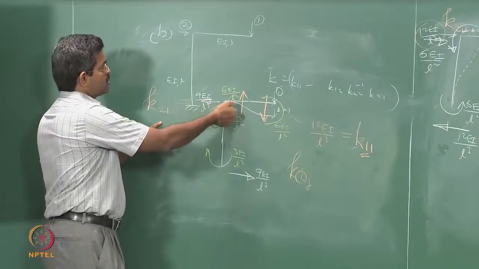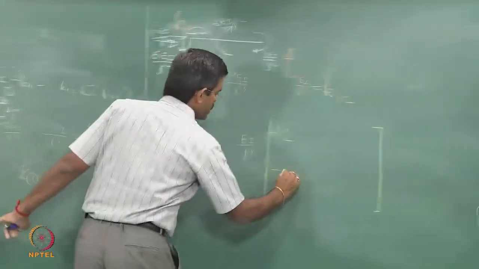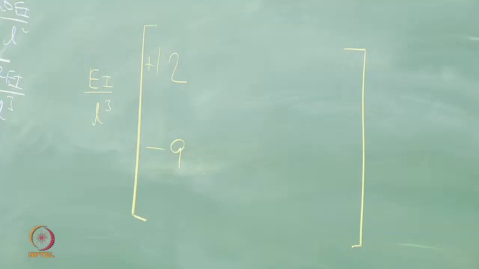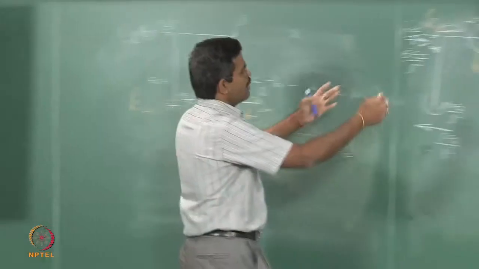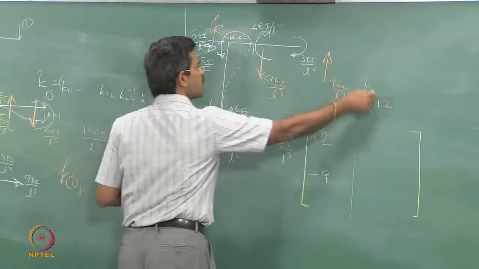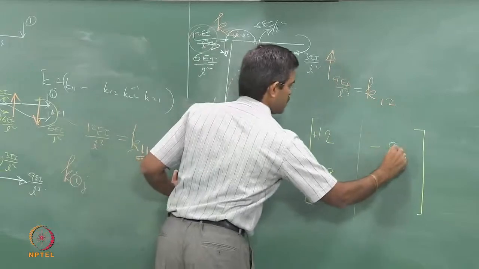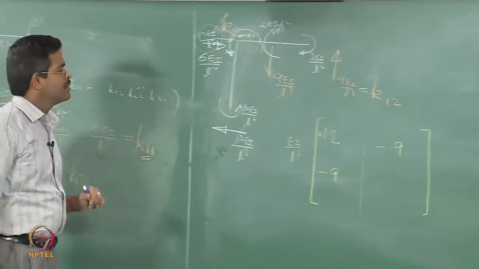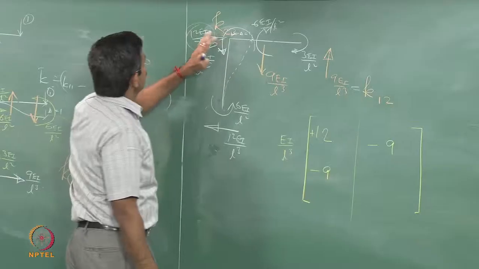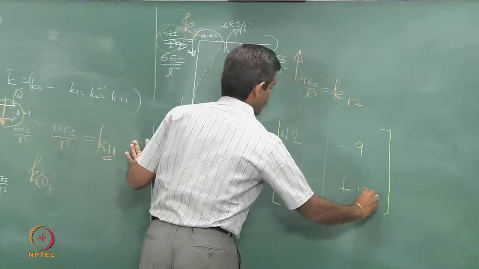So, this force is towards the left, whereas the degree is towards the right, therefore, minus 9. Look at the second figure, I am looking for the second column. So, second displacement. I am looking here at K12, the force is up, displacement is down. So, minus, and second degree here, force is towards right, displacement towards right. So, plus 12.